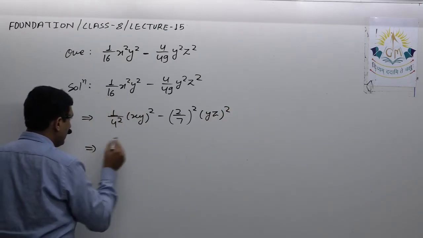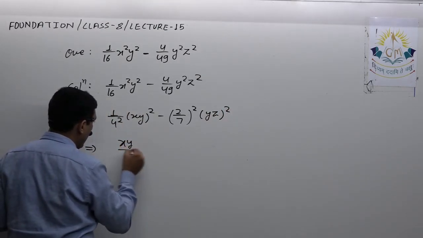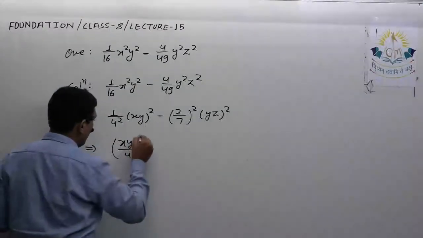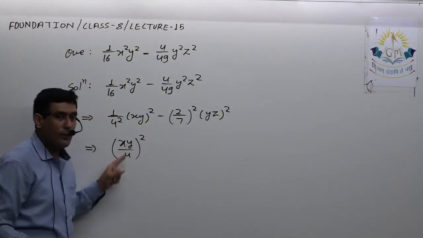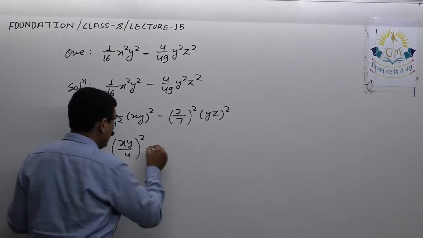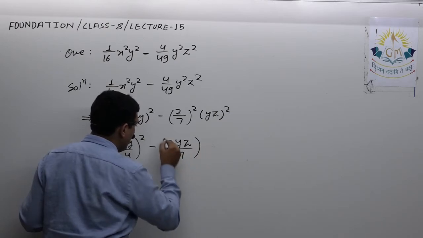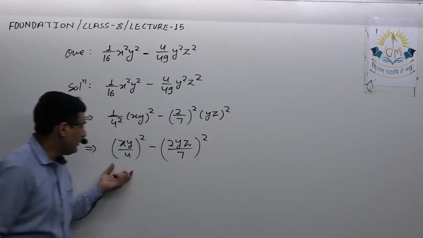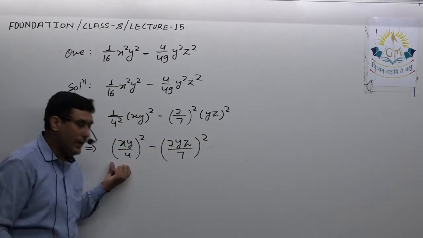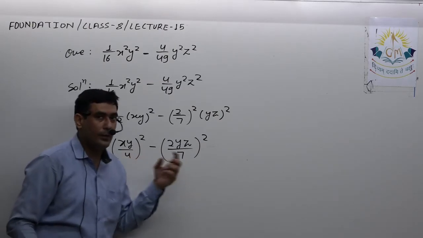Or in the next term I write xy upon 4 whole square, isn't it? This is xy upon 4 whole square, and this is 2yz upon 7 whole square. Now this gives you exactly the identity of a square minus b square.